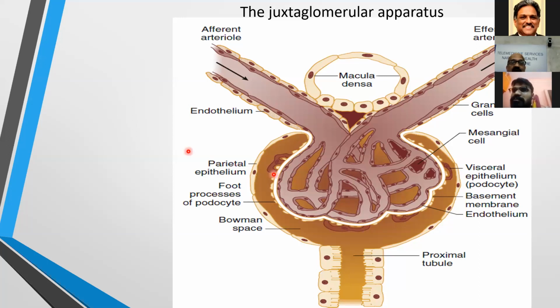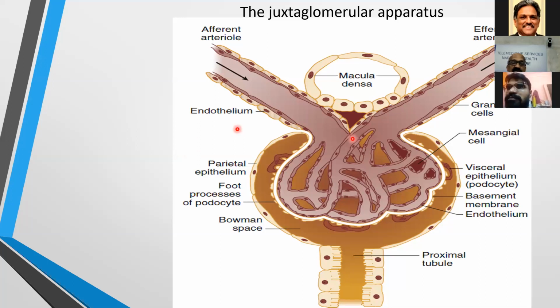So we have actually 5 structures here: the capillary endothelium, basement membrane, the Bowman's capsule's visceral epithelium, the parietal epithelium, and then there are mesangial cells. The juxtaglomerular apparatus is a remarkable integration of tubular and vascular structure and function.